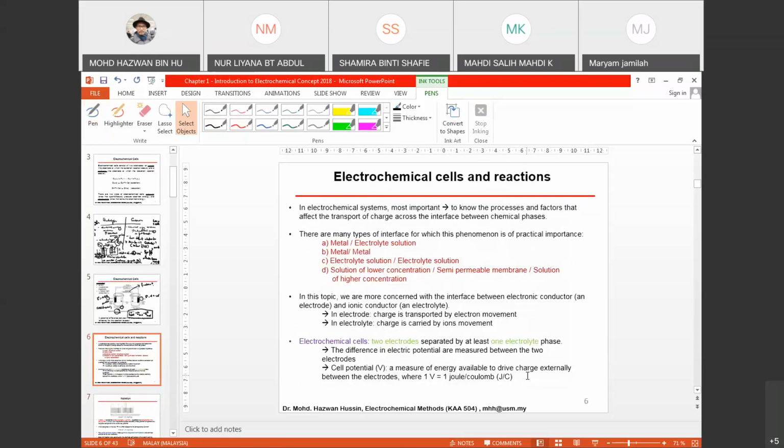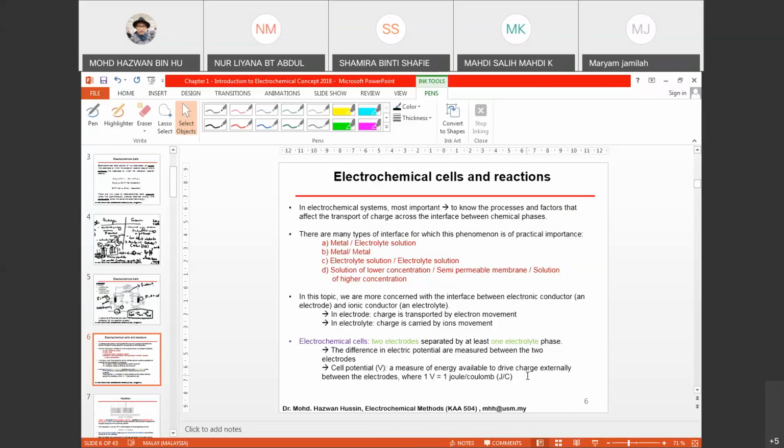Okay, so electrochemical cells and reactions. As I said, the components needed in an electrochemical cell, of course, you need an electrode, you need electrolyte, you need also conduction. So when all these things are equipped in your electrochemical cell, then the process occurs and results in a phenomenon called interface.